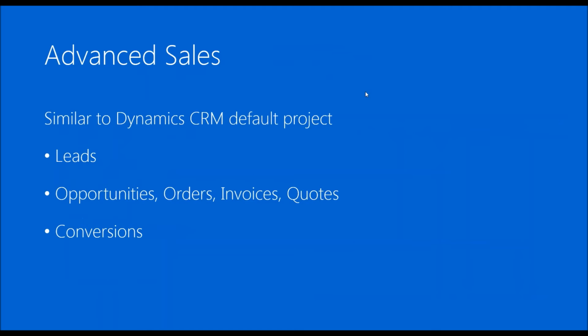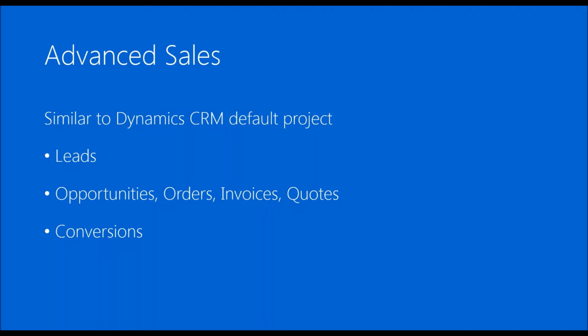So the sales template, maybe you have tried Resco CRM server already, and if you did, you know that there is a sales template you start working with, so sales demo data, sales project, sales entities, and there was this deal entity which we used to kind of capture opportunities, orders, invoices, quotes all in one.